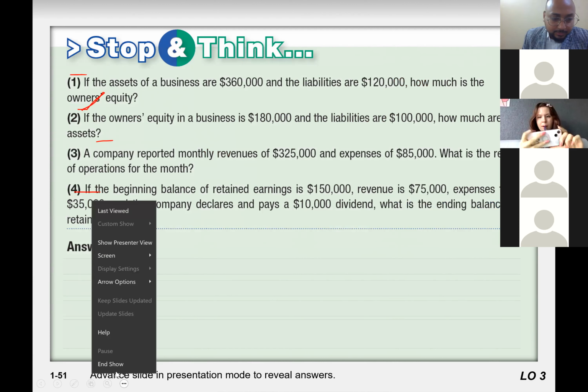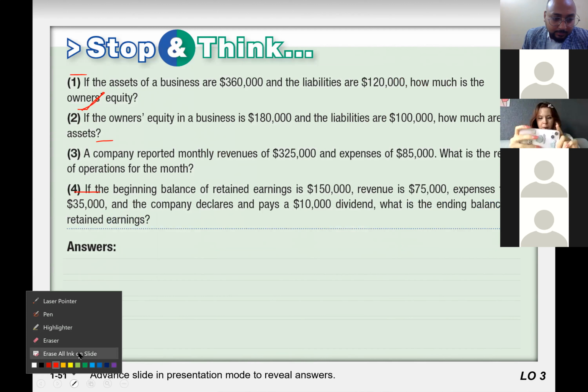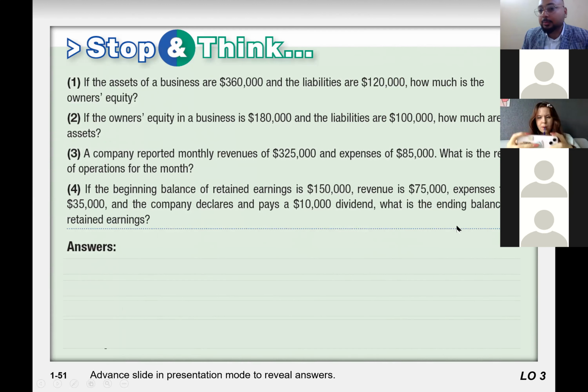Let me refresh here and erase all ink. Please take a picture. Meanwhile, I am setting up the breakout room activity. For those who are watching online, I'm stopping the video here, and I will resume once we're done with this breakout room activity.